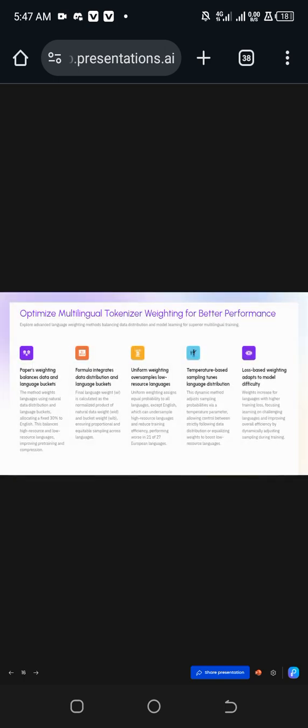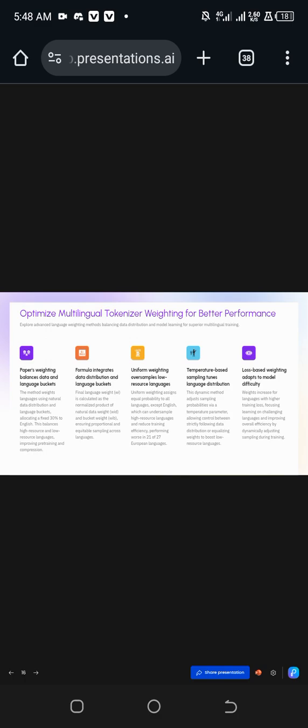So yeah, I think we can also optimize the weighting, because they only tested against uniform weighting, to the best of my knowledge after I read the paper. I think they can use something more like temperature-based sampling, because it adapts more to underrepresented languages.